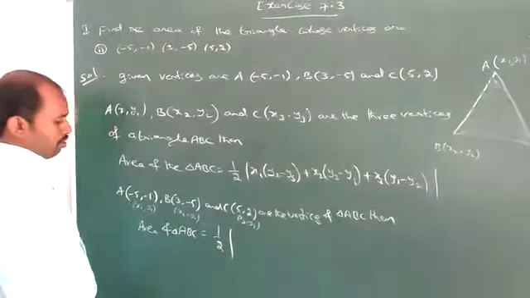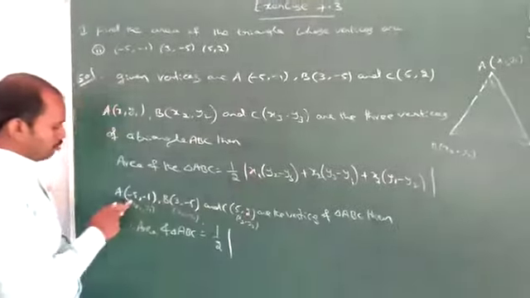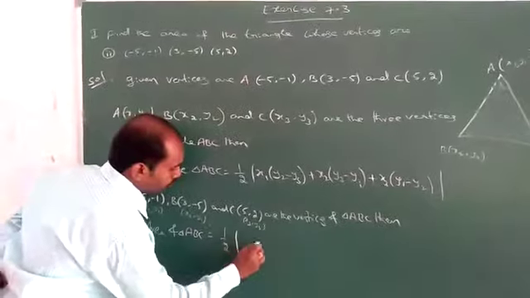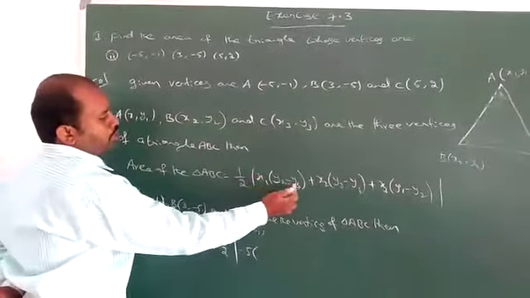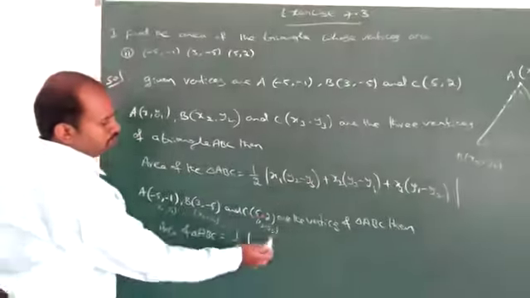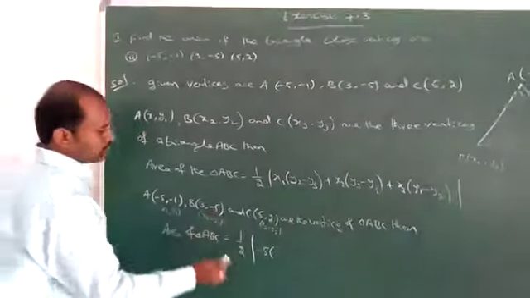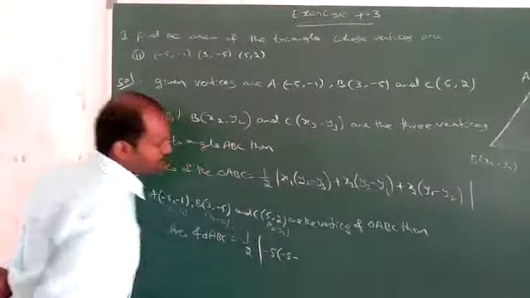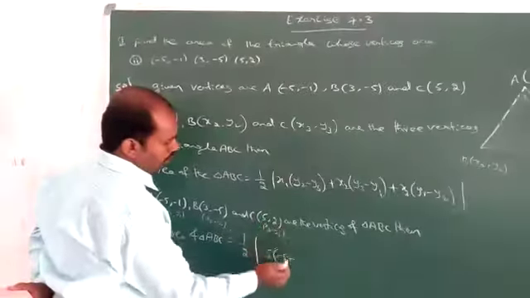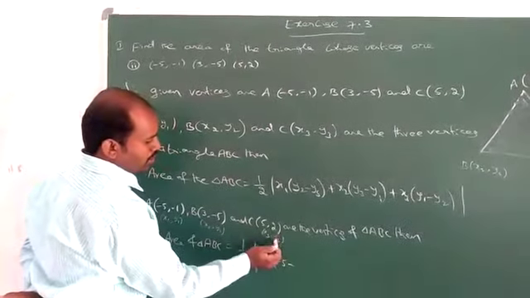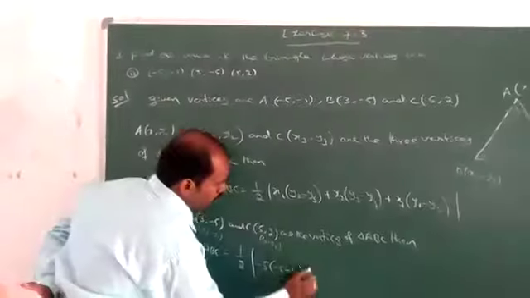First x1 means minus 5. Next y2 minus y3: y2 means minus 5, minus y3, and y3 value is 2.